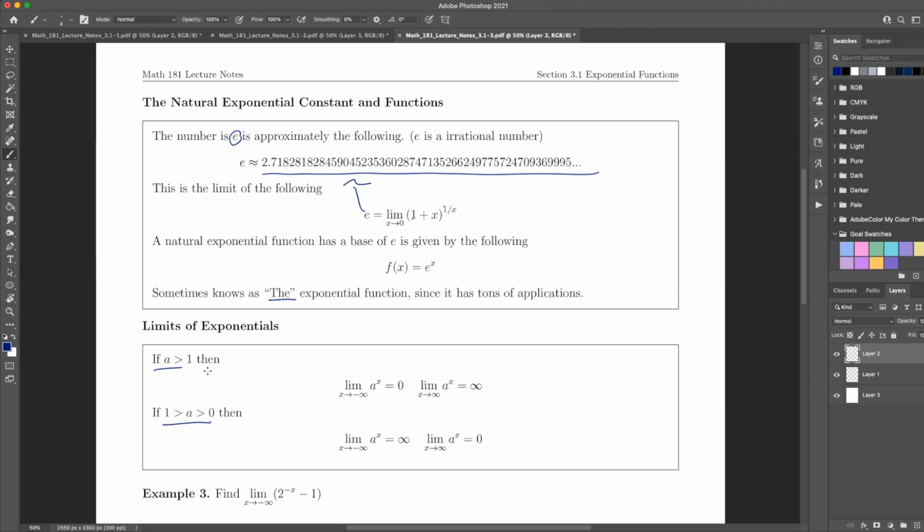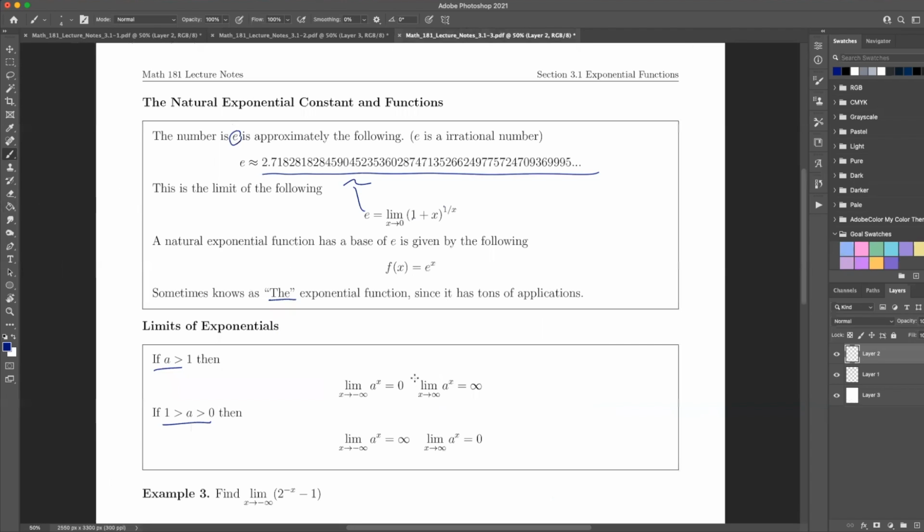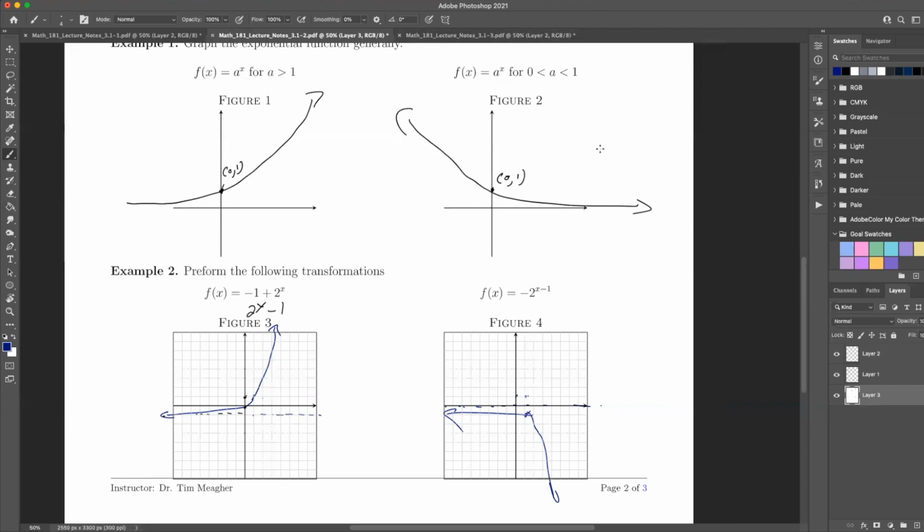Here we can easily identify this from the graph, right? When we take limits of exponentials, as x goes to negative infinity, notice what it does here. It just goes off to 0, right? It goes to 0, and as x goes to positive infinity, it goes to 1, and when a is in between, it's the opposite. It goes to positive infinity.